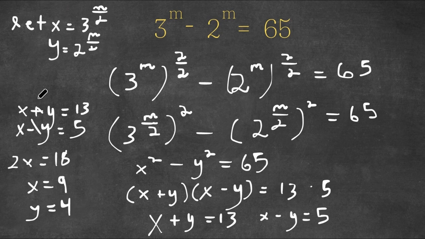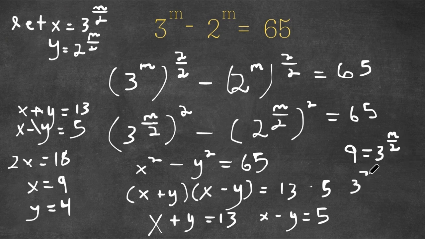So now, let's plug in x in here. So now I have 9 is equal to 3 to the power of m over 2. And 9 is the same thing as 3 squared.